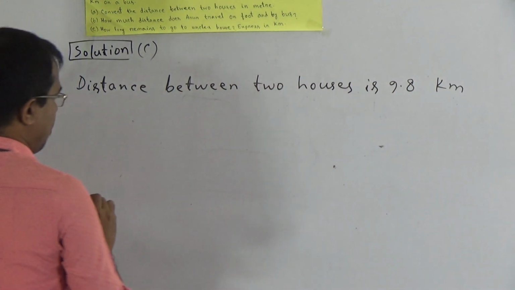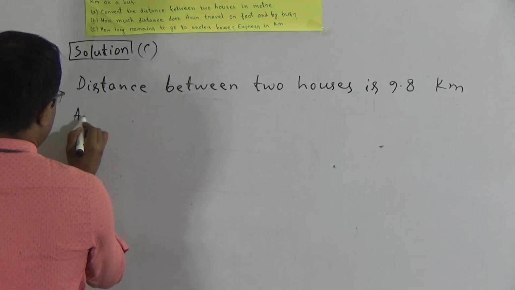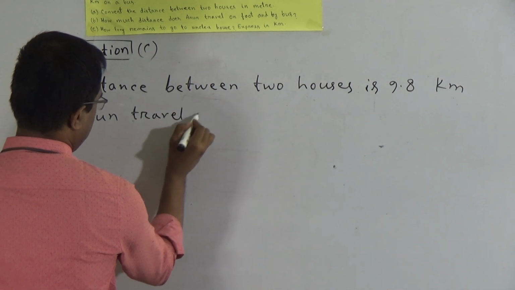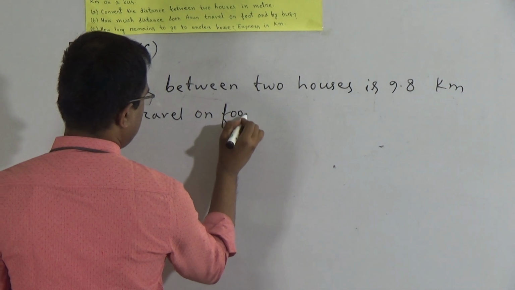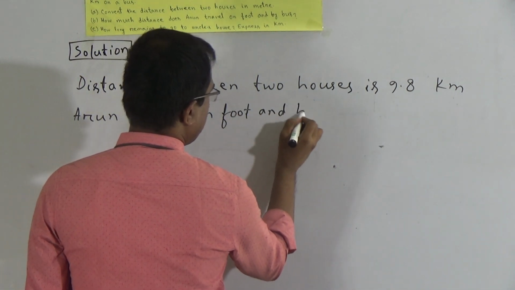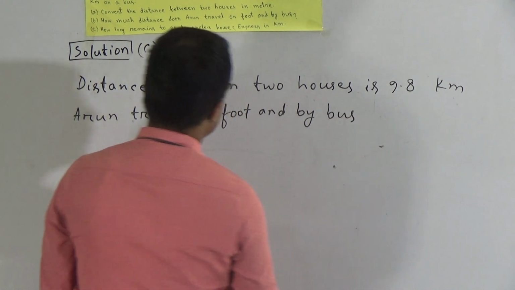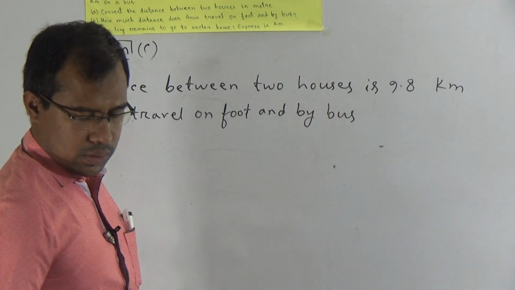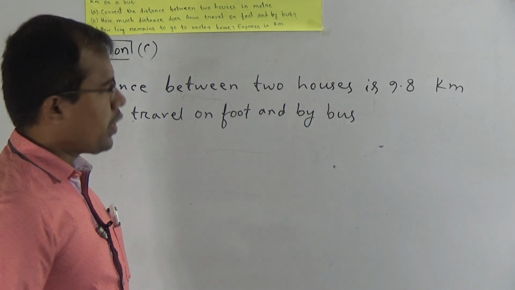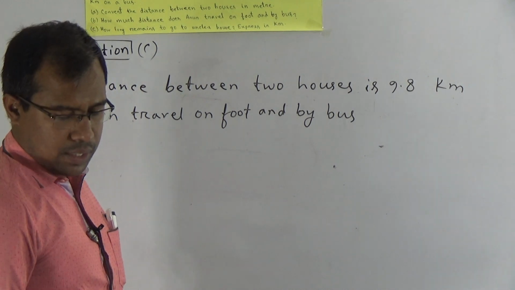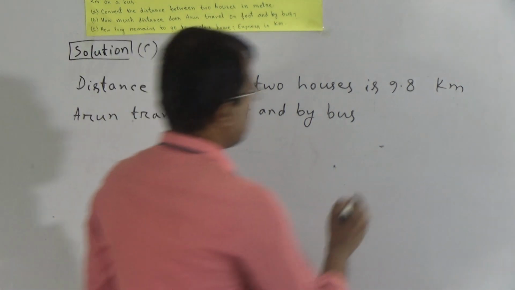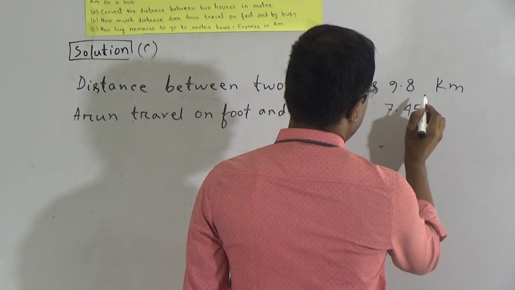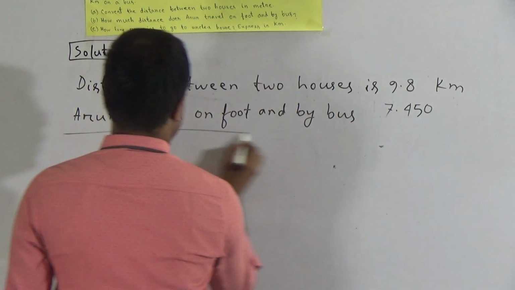Arun travels on foot and by bus, we have found out in B number, it's 7.450. Now we have to subtract.